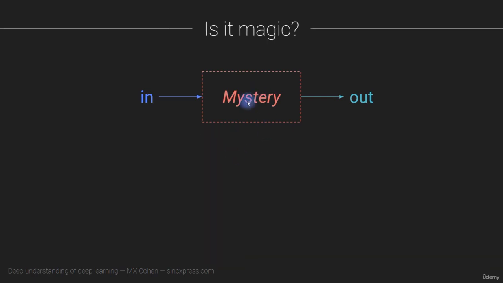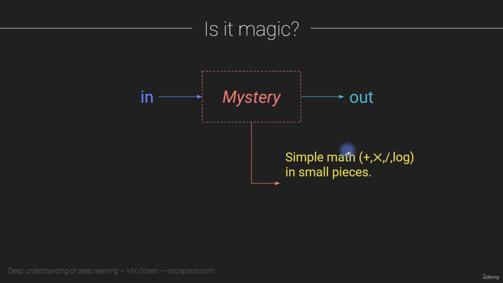And is this really magical? Is this really mysterious? Maybe it's so inconceivably complex that only a mathematical genius can possibly understand what's going on here. Well, that's actually a difficult question to answer. On the one hand, all of the math inside this mystery box, this input-output transformation, and I mean literally all of the math, is very simple.